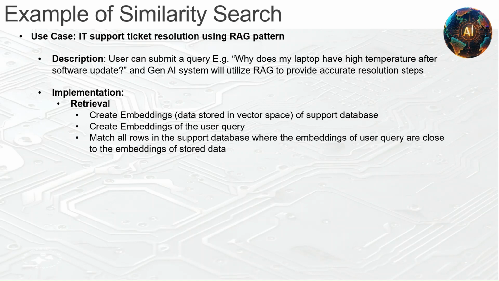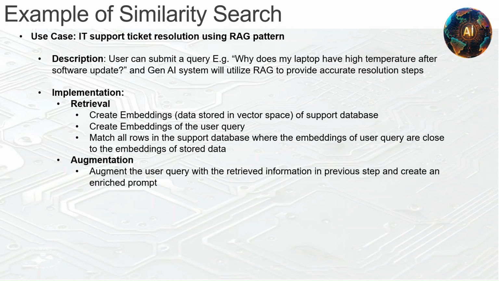We now match all rows in the support database where the embeddings of the user query are closest. With this matching, we are able to retrieve all rows which are essentially semantically the same as the words high temperature. Thus, we will be able to get the row which has the word heat in it as well, since now we have used semantic search instead of keyword search. Next two steps remain the same.